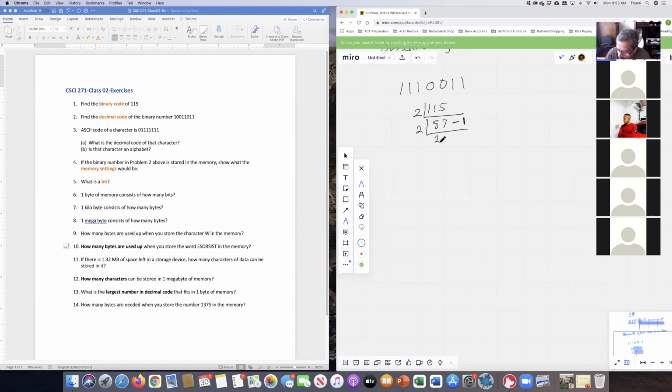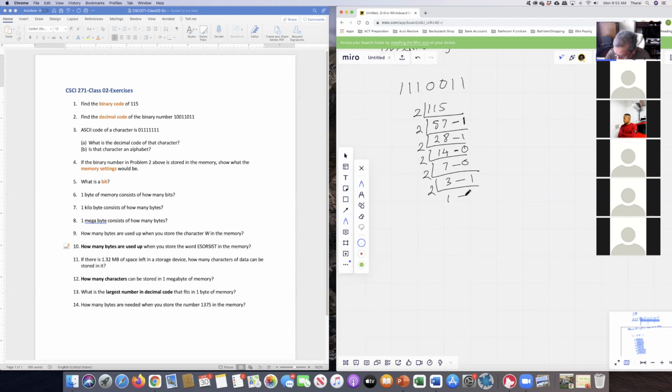2 goes into 28, 14 times with no remainder. When there's no remainder, you write 0 as the remainder. Keep going: 14, 7, 3, 1.